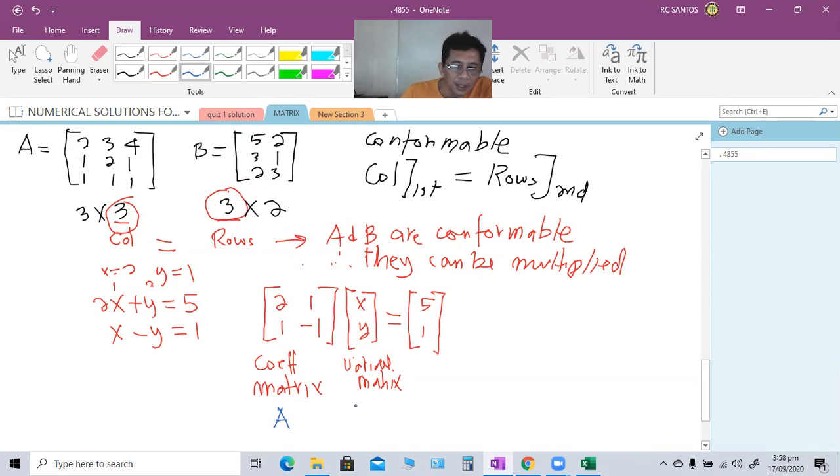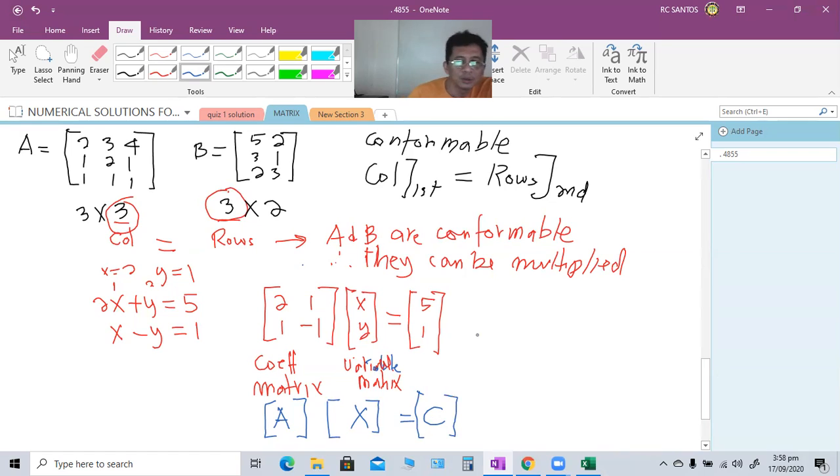Ito naman tawagin natin X, yung variable matrix. At ito naman, tawagin natin constant matrix. So, ilagay natin sa symbol: A matrix or the coefficient matrix times the variable matrix is equal to the constant matrix.